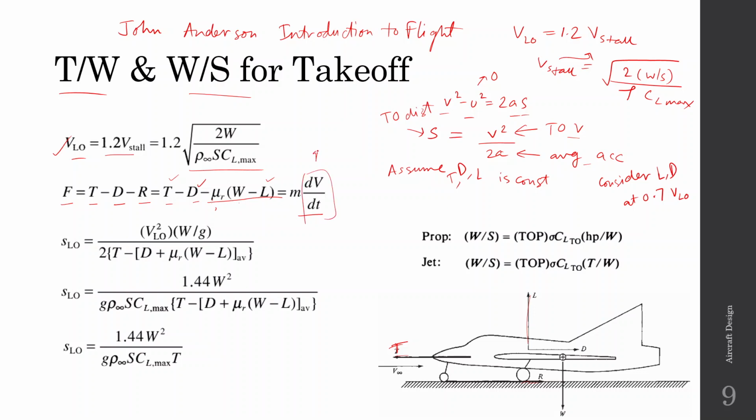This here is A, the average acceleration, and then you can substitute it into this formula to get the takeoff distance. Okay, so this is the takeoff distance. This just has to be substituted here.